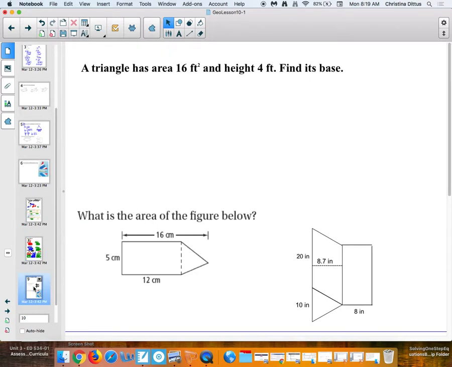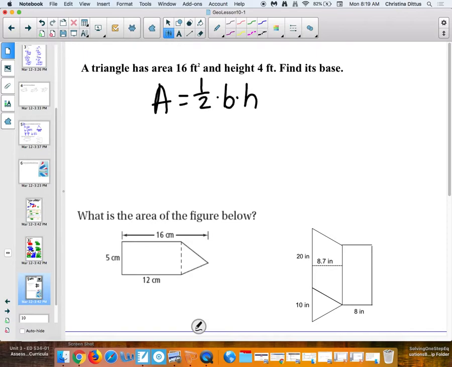Last page. Triangle has an area of 16 feet squared and a height of 4, and you find its base. First off, what is the formula for area of a triangle? Half base height. This 16 feet squared is my area, so what letter should I plug that in for? A, so my A is going to be 16.